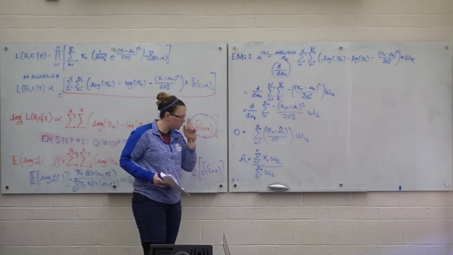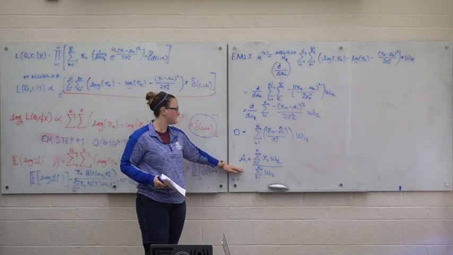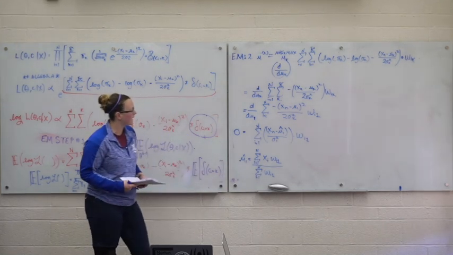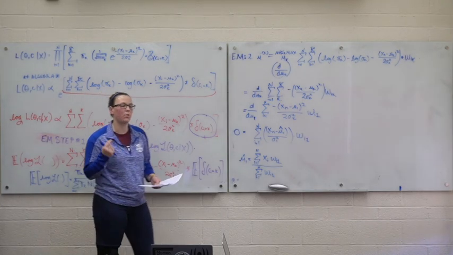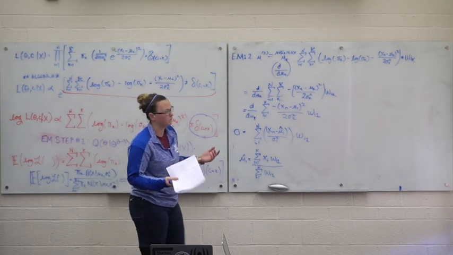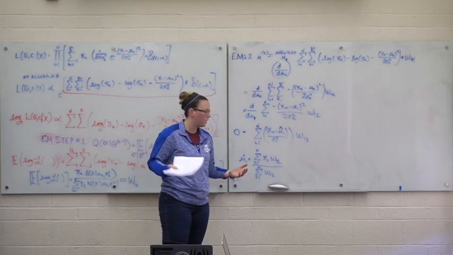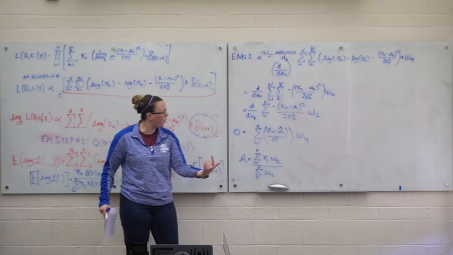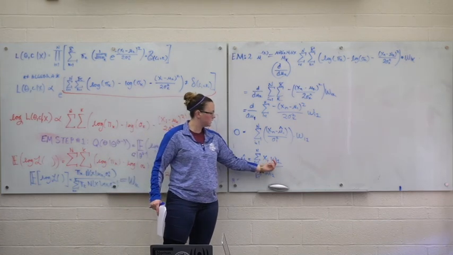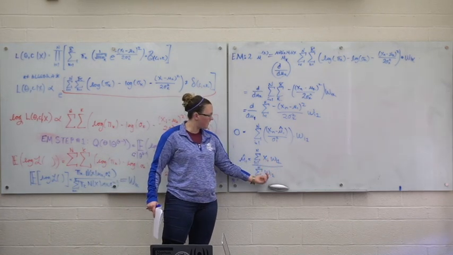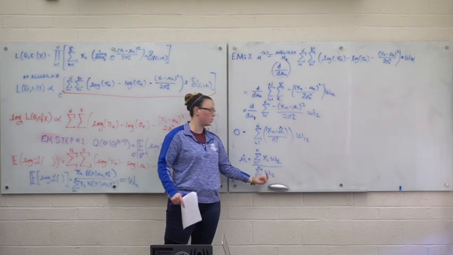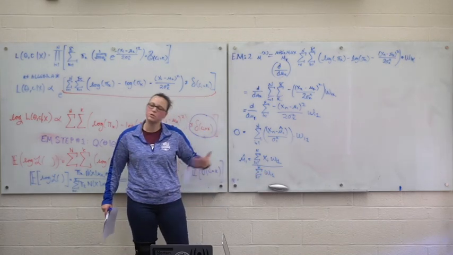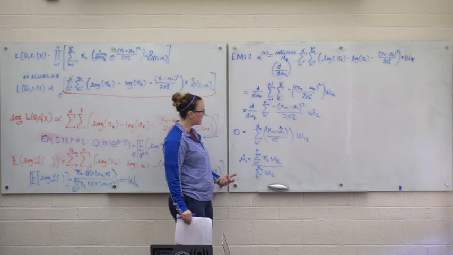Now, the question you always want to ask yourself: does this make sense? If we take a step back and think about a one-component mixture, it's just a normal. This weight would always be 1, so it'd just be x times 1, and the sum of the 1s is n, so you have x bar. So this answer makes sense. Okay?